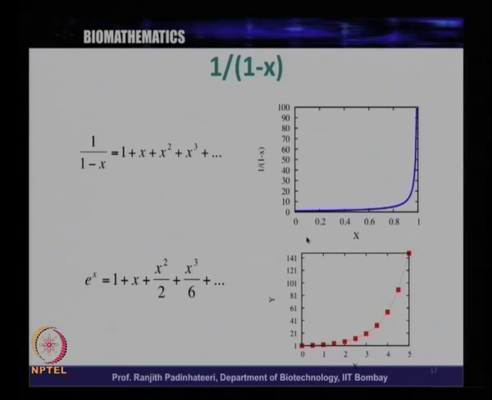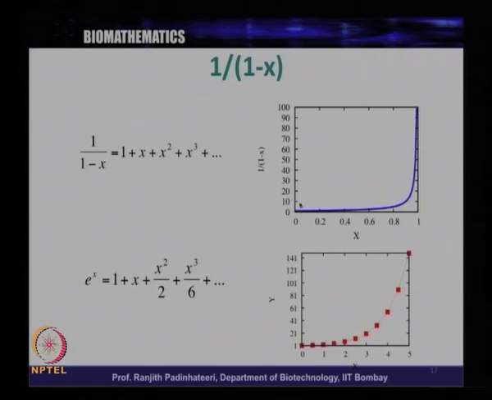In appearance, it is very similar to e power x. You can compare these two. Here it is 1 plus x plus x square with some coefficients, x cube with some other coefficients. So, without these, these two functions look similar and their behavior is also similar.